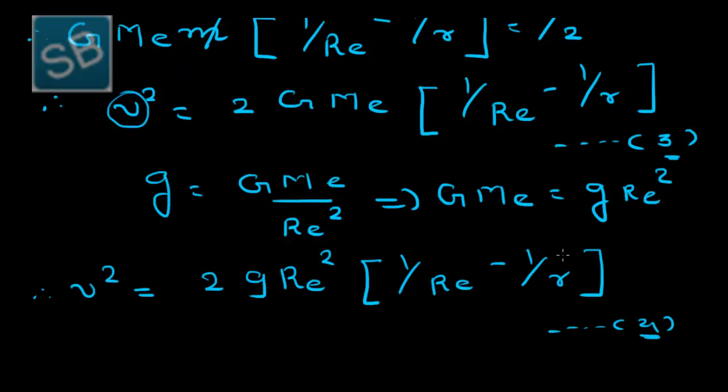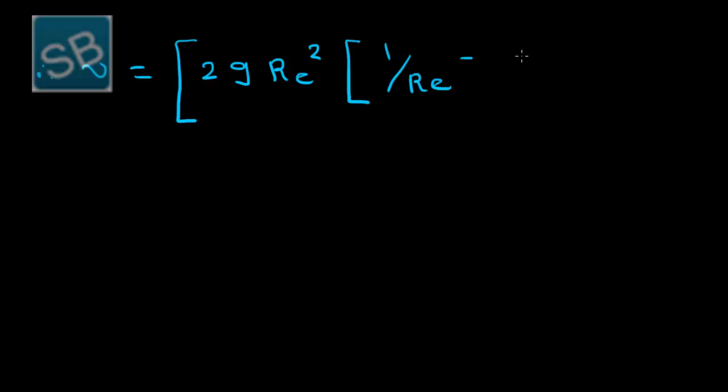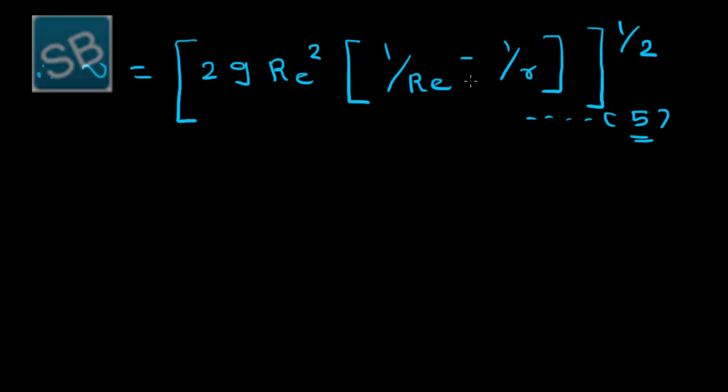But this is the equation of v square and our target is to find the speed only. So taking square root on both sides, we get v is equal to, in the bracket, twice g Re square into the bracket 1 over Re minus 1 over r, the bracket is over and whole raised to 1 by 2. So equation number 5 is the required result.